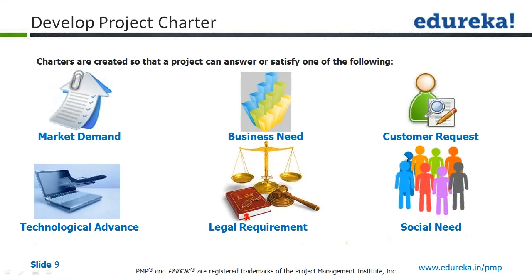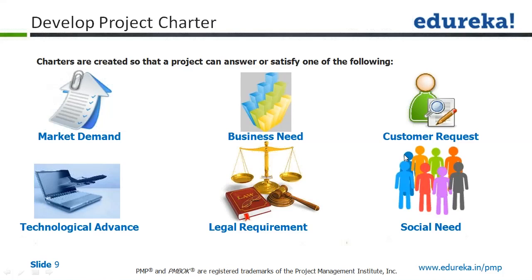And a social need kind of project would be very much needed from the social infrastructure perspective. For example, if there is a need to build homes for the people who are staying on the roads, the on-street people, that's a social need, that we need to create something for them. Another social need could be if there is a scarcity of a particular resource in an area, so it becomes a social justification or a social requirement for us to create a facility for them.